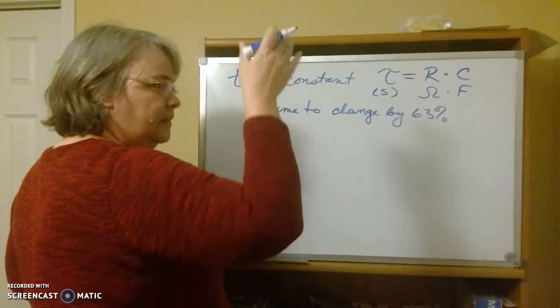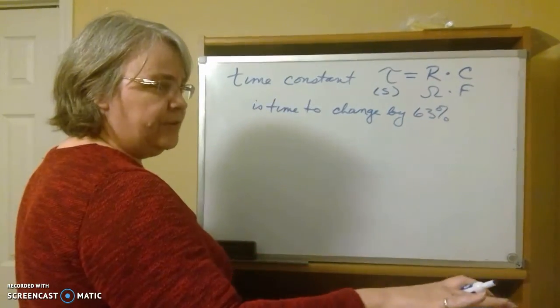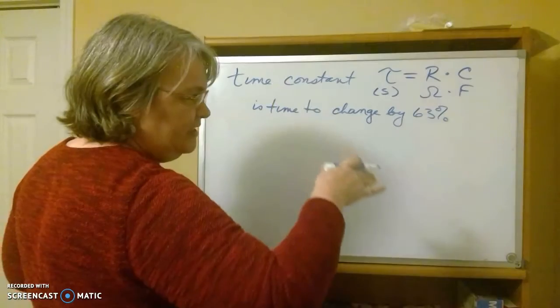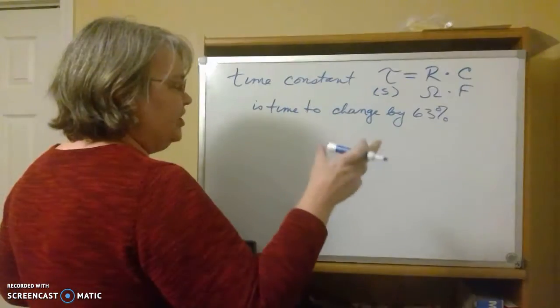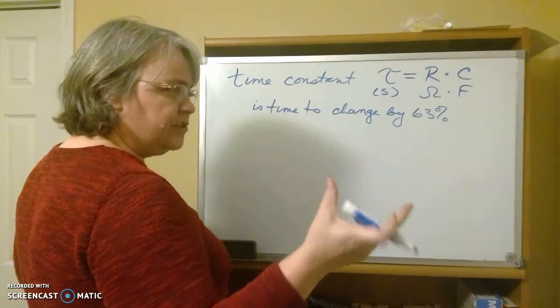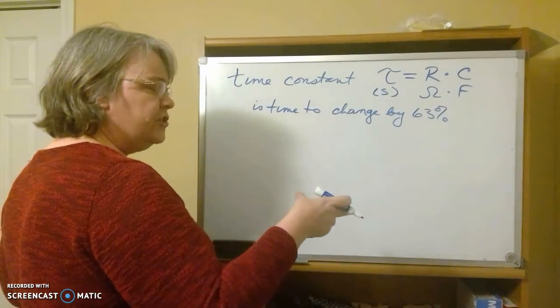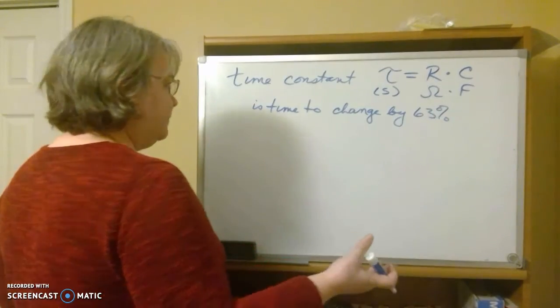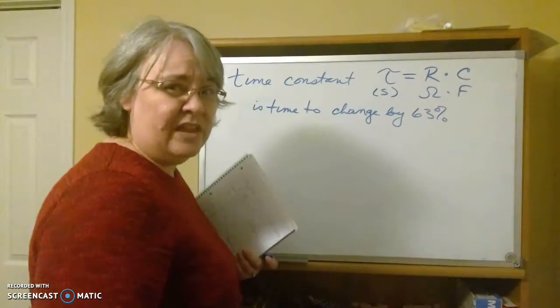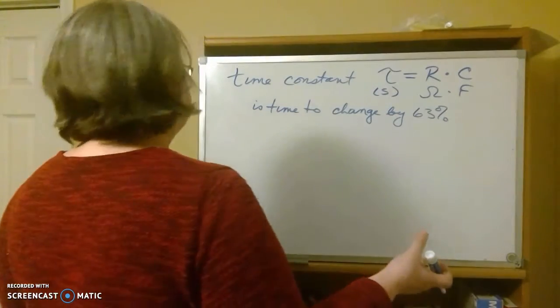If I'm letting the charge out of a capacitor, it's how long does it take to empty 63% out, right? So it's a change in how much you got, whether it's current or charge. You're going to change it by 63% from where you are, okay? It works like half-lives with radioactive materials.